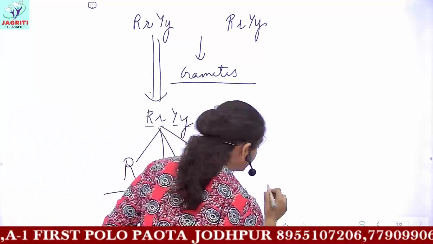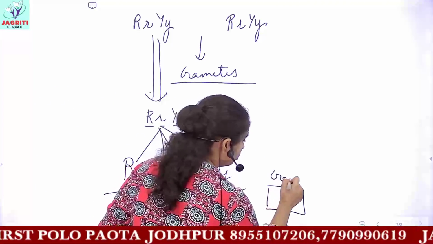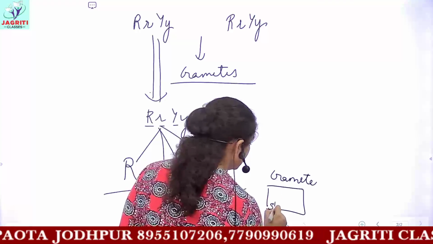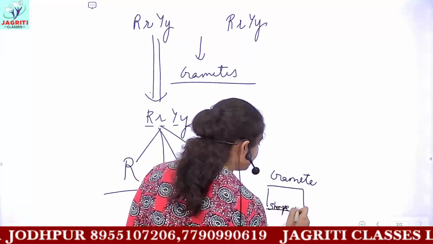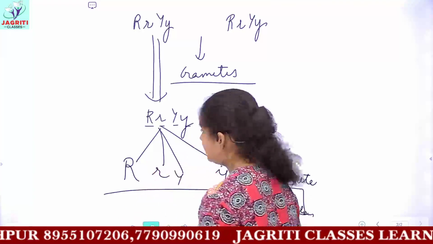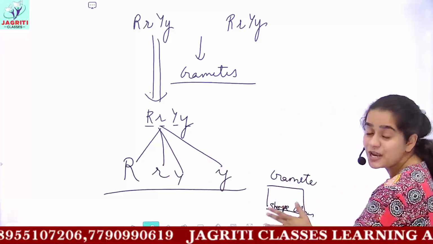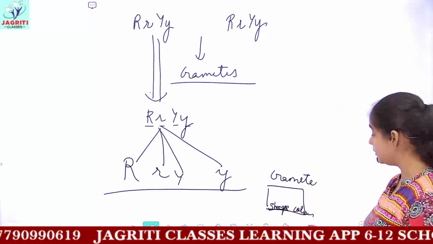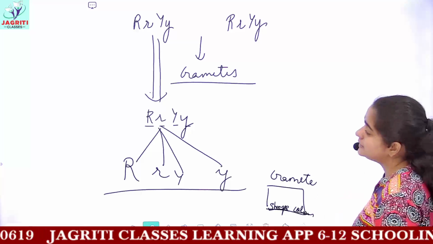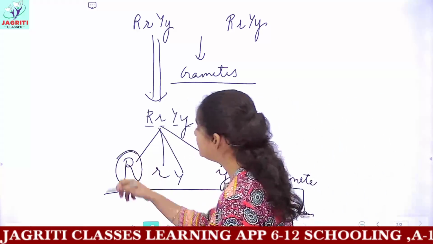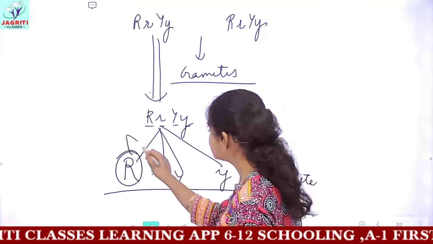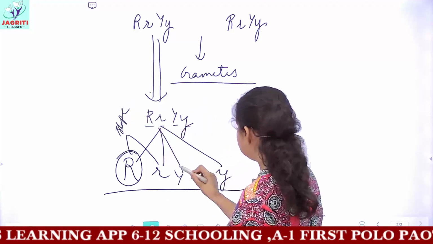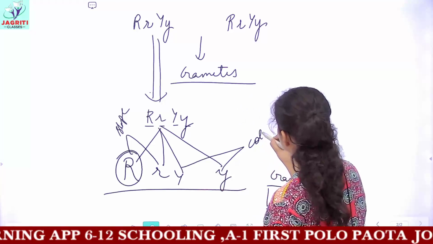But I told you each gamete should have an allele for shape and an allele for color, because we have two traits, shape and color. So each gamete should have one allele for shape, one allele for color. See, if I am taking the first allele, capital R, both these capital R and small r are for the shape and these two alleles are for the color.